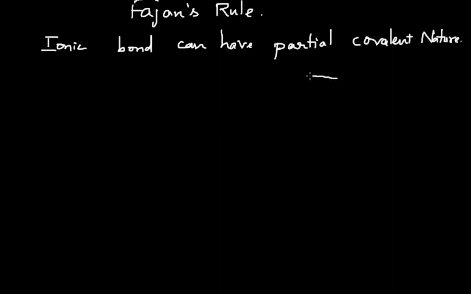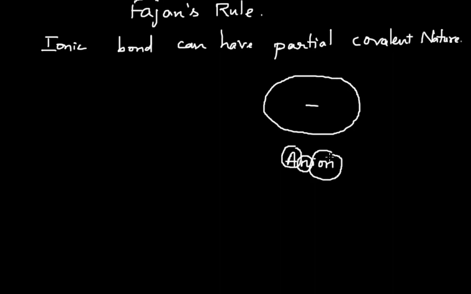Now you have an anion. What is an anion? If you are still confused, there is a mnemonic to remember: a negatively charged ion is an anion. The anion has an electron cloud. From your everyday experience, when we say cloud, does it have a definite shape? No, right?